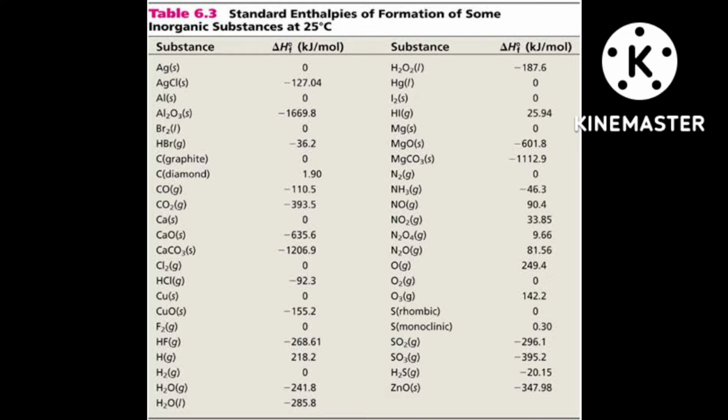By seeing the values, you can easily tell that magnesium hydroxide, Mg(OH)2, solid, yes, you should write it in brackets, with value minus 924.54, is stronger than silicon oxide, because its delta H value is minus 924.54. Okay, the second question I have told you comparatively.